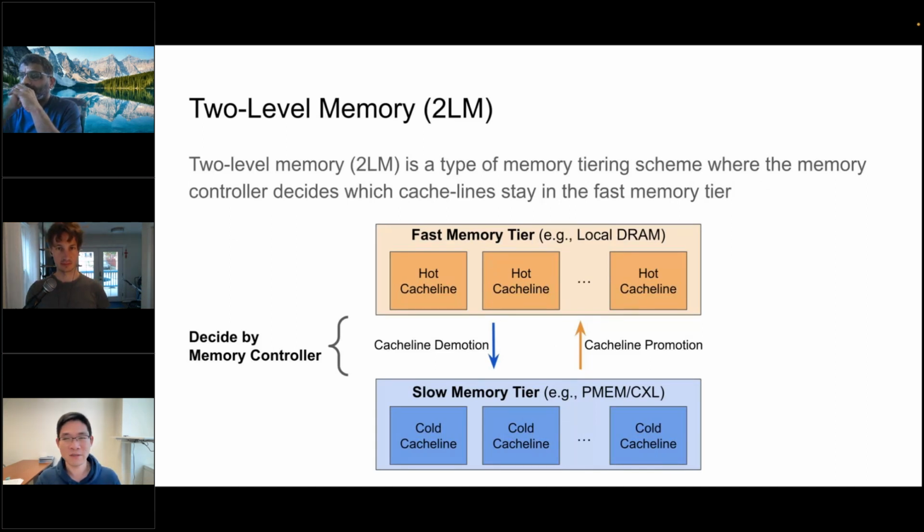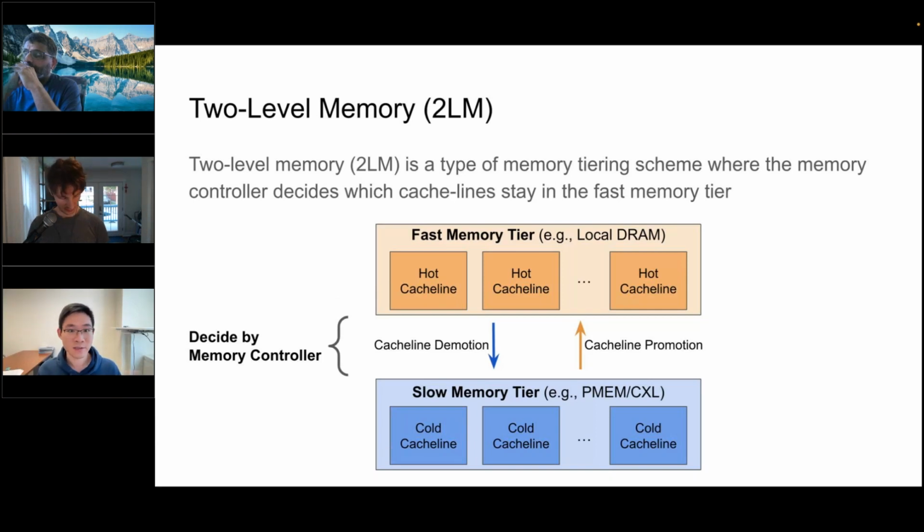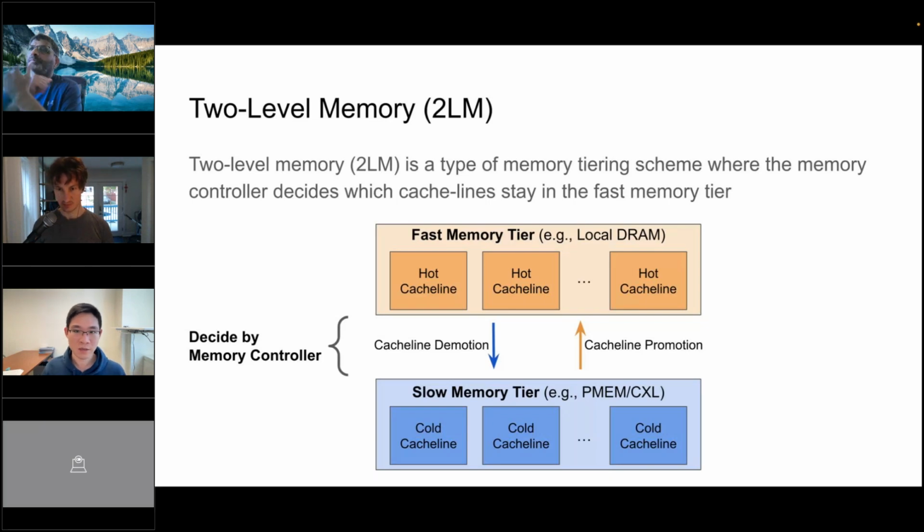So maybe let me briefly talk about what two-level memory is. It is a type of memory tiering scheme where the memory controller decides which cache lines stay in the fast memory tier. So like any memory tiering system, we have a fast memory tier and a slow memory tier. For example, the fast memory tier can be DRAM and the slow memory tier can be Optane persistent memory or in the future CXL.